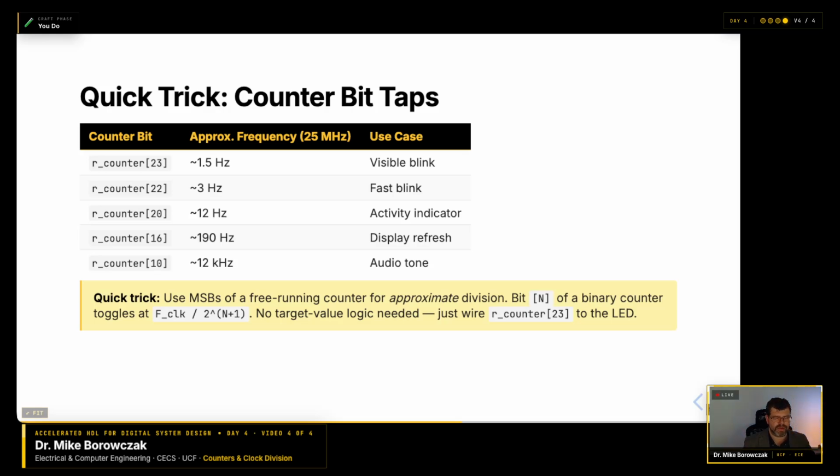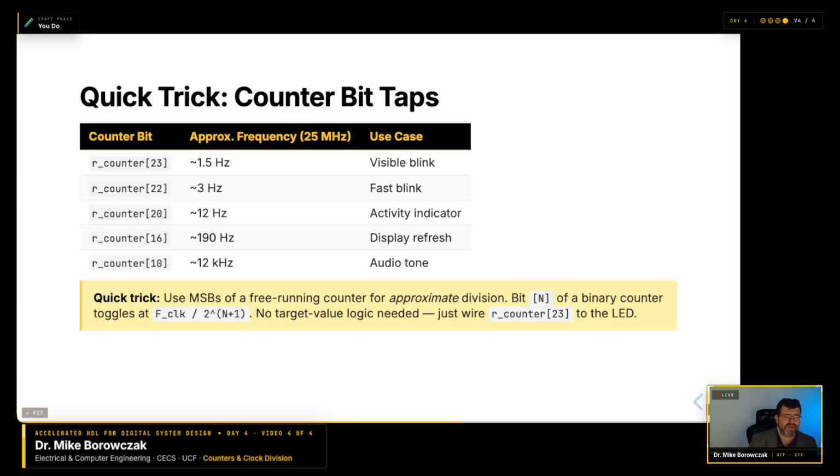We normally subtract that 1 when doing clock computations, so we aren't checking, for example, 12.5 million, we're looking at 12,499,999. We're not able to do that in this particular trick, but it's still a pretty quick way to get approximate frequencies very easily.